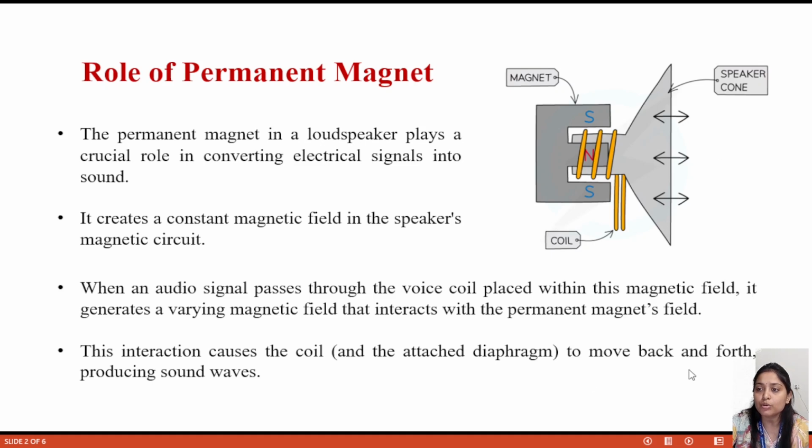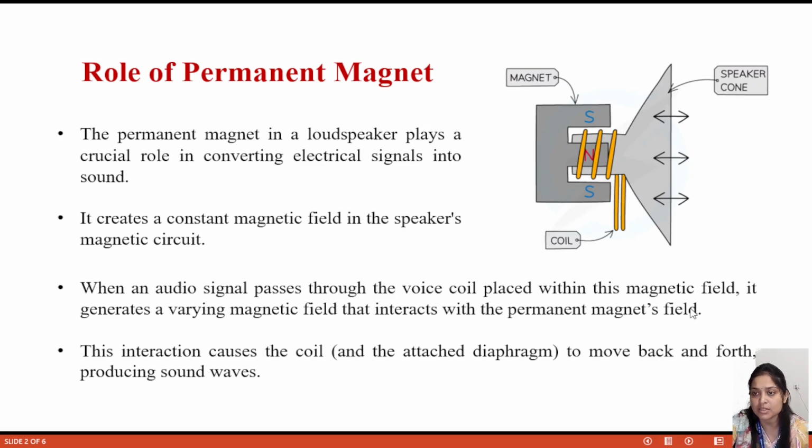So what is the point? The second point is that it creates a constant magnetic field in the speaker's magnetic circuit. This is the magnet that produces a constant magnetic field. When an audio signal passes through the voice coil placed within this magnetic field, it generates a varying magnetic field that interacts with the permanent magnetic field.